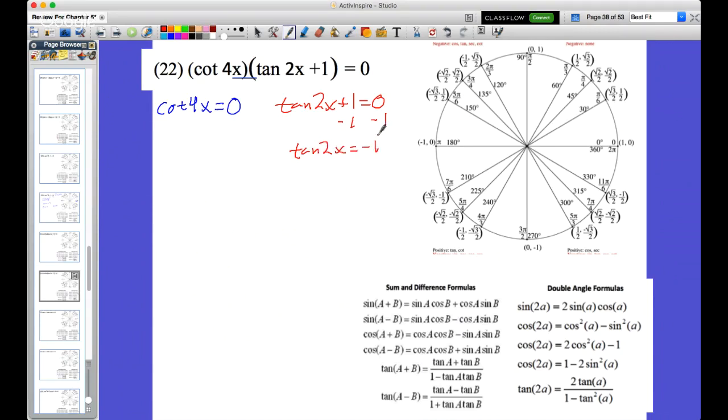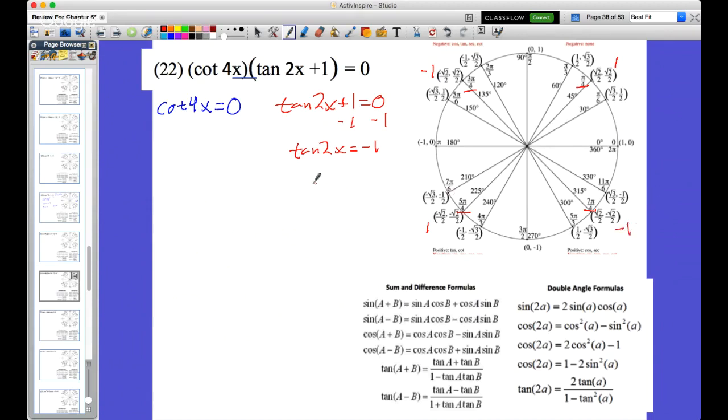Now, I know in your mind you're going to be like, oh, I need to divide by the 2. No, not yet. The trig function is isolated. So what we have to do now is identify where tangent is negative 1. Well, I know tangent of 1 is involved with anything that has a denominator of 4 in terms of radians. It's positive in quadrants 1 and 3, and negative in quadrants 2 and 4.